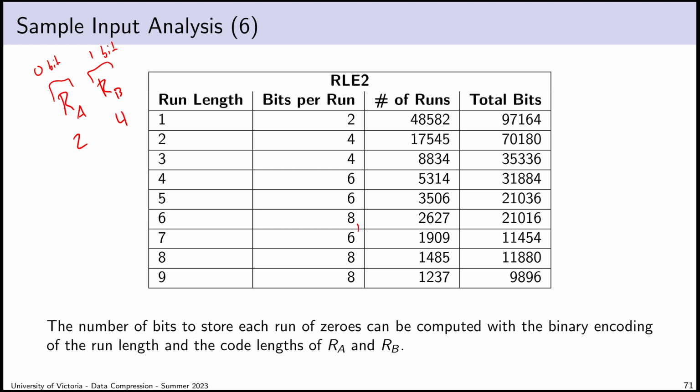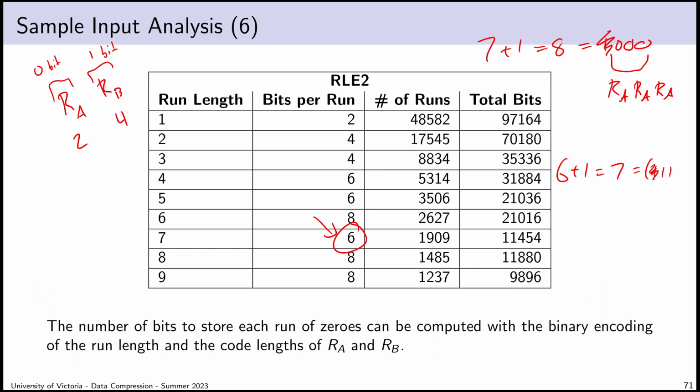If my length tends to contain a whole bunch of 0 bits, remember that if I encode the length 7, 7 plus 1 is 8, and the binary encoding is 1000, and then I chop off the most significant bit. So the encoding is going to be RA, RA, RA. And RA is 2 bits, so I need 6 bits in total. On the other hand, if I want to encode 6, 6 plus 1 is 7, and that equals 111.